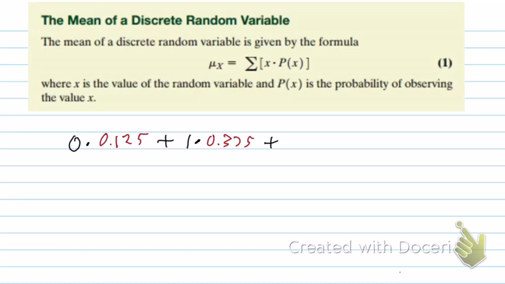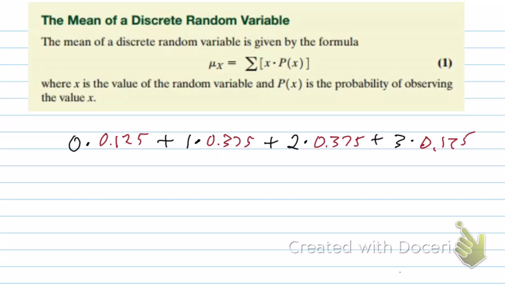Plus 2 times, same thing, plus 3 times that. Why don't y'all solve those on your calculator and let's see what we get.